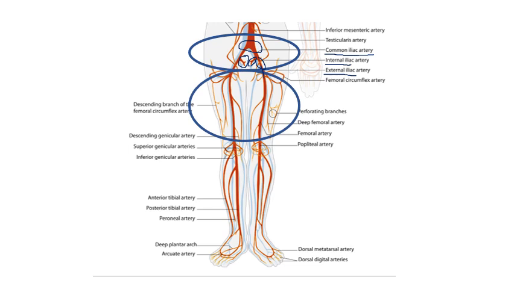The next level is the thigh, and here we have two main arteries. The common femoral artery is going to divide, so let's look at the patient's right side. It's going to divide into a deep branch right here.